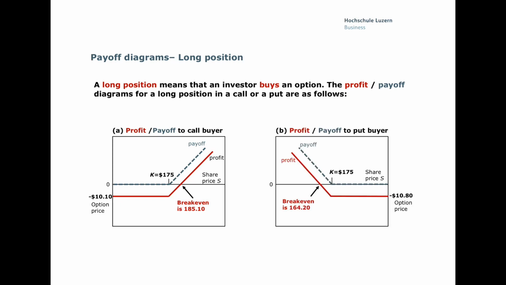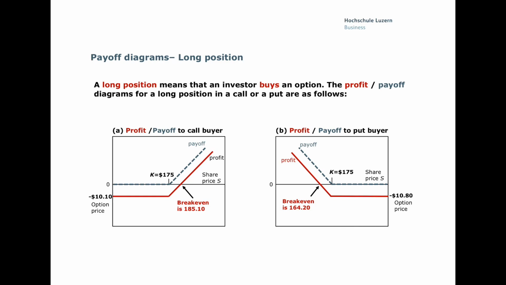For the put option, the same analysis can be done. Suppose an investor has a long position in a put option, which simply means the investor has bought a put option which gives her the right but not the obligation to sell the underlying asset, for example a stock, at the corresponding exercise price. In this example, the exercise price is again $175, and the option price to be paid to obtain the put option is $10.80.